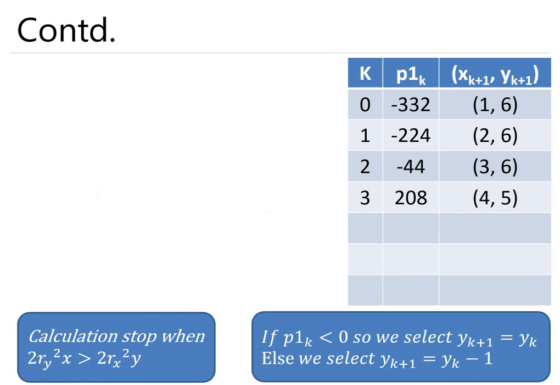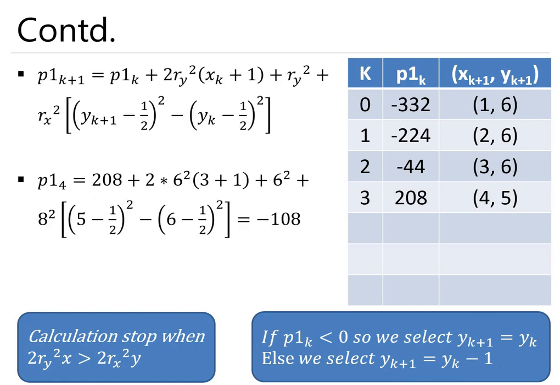So we will continue to do this, and then we have a negative number again. So when we have a negative number, the value of y remains the same again. Just remember that on the x side, it is a unit step. It changes no matter what, but on the y side, it changes according to the decision parameter.